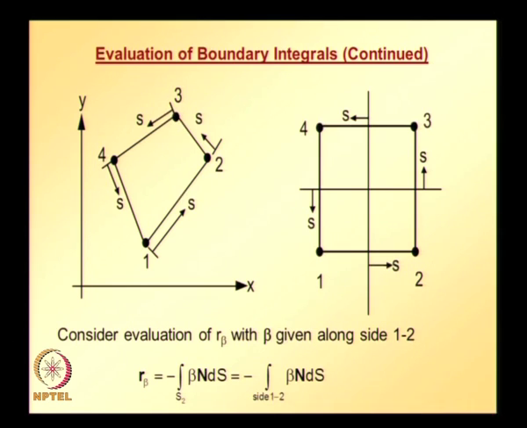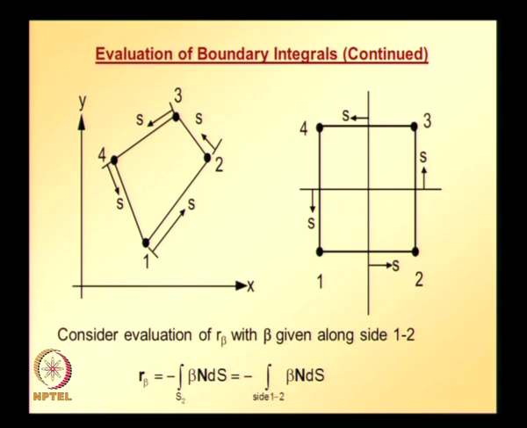To proceed further, we require the relationship between a small differential element taken along each of these sides in the actual element domain, and a small differential element taken along each side in the parent element domain. So we require the relationship between d capital S and d small s.